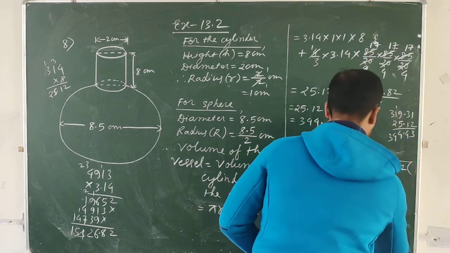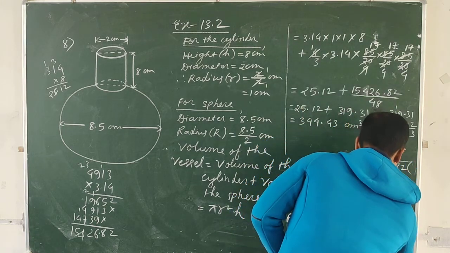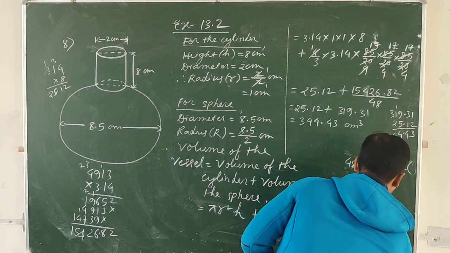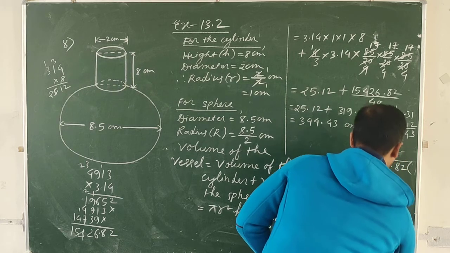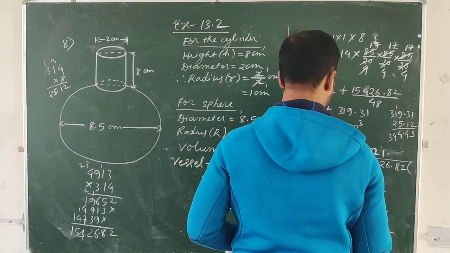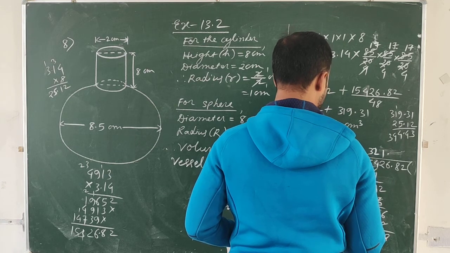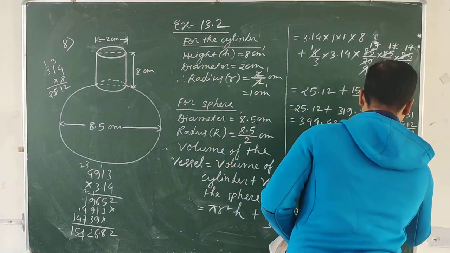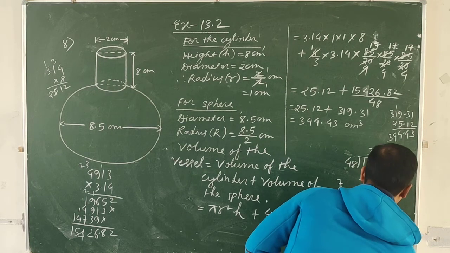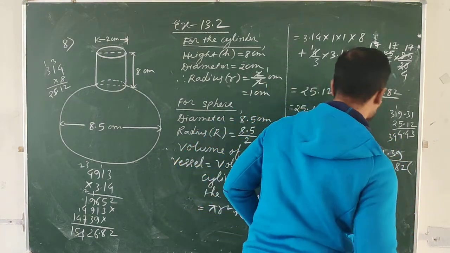So 6, 66, 1 times 48, 16, 8, 1, 8. 3 times 144, 2, 9 times.